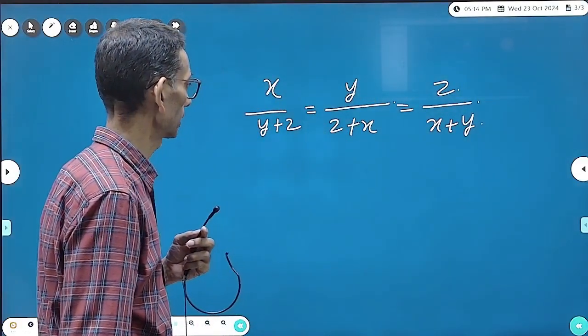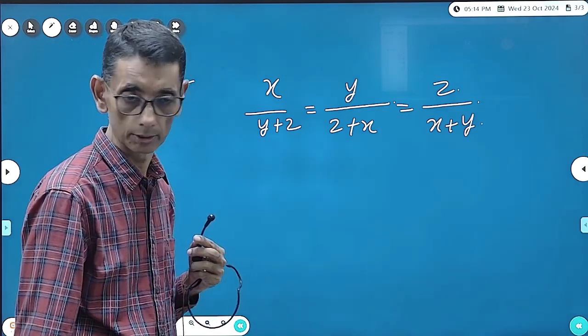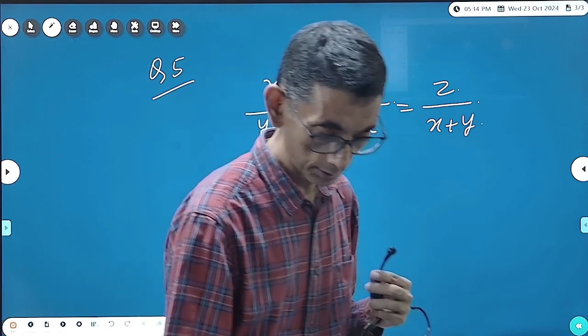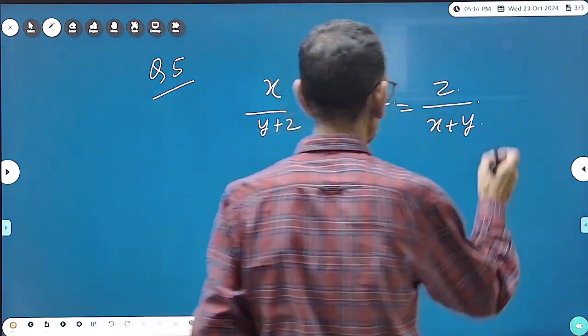So x by y plus z equals y by z plus x equals z by x plus y, let this be equal to k. Prove that k equals half.